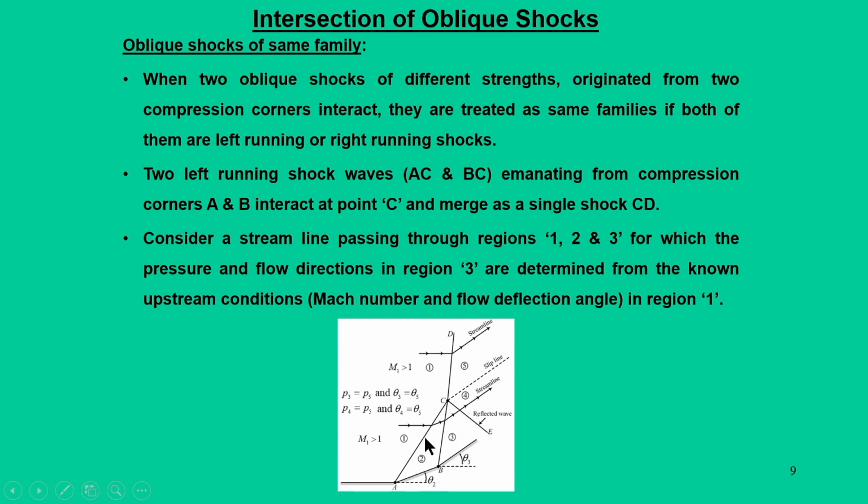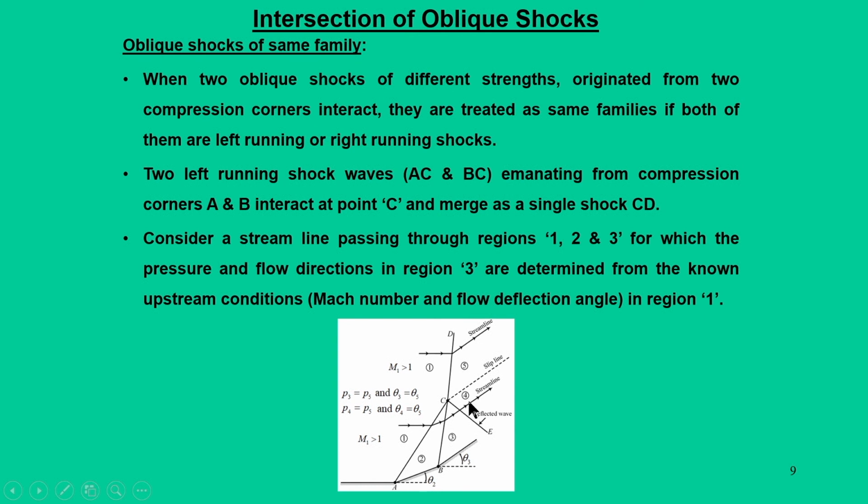Now, as I said, these shocks are of different strengths, so entropy will also be different. The combined shock system will give a region 4 for which we have a certain entropy change in this process, and across a single shock there will be another entropy change, and ideally they should not match, that means entropy will never match.